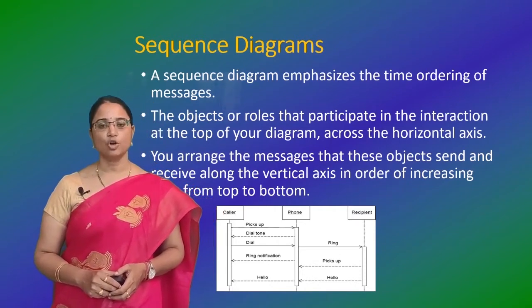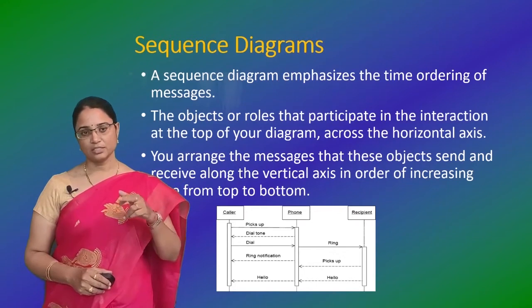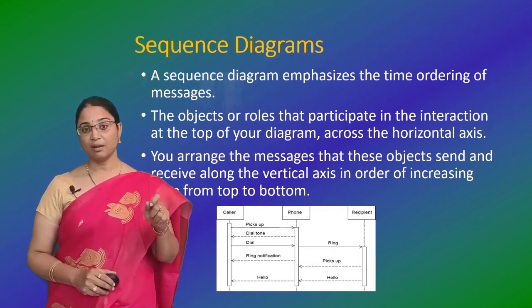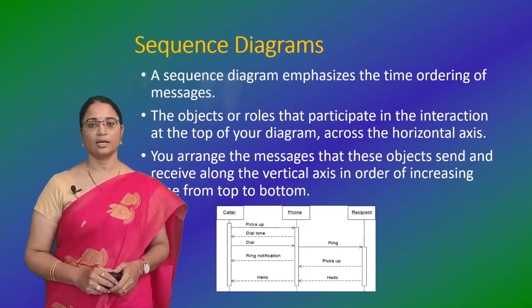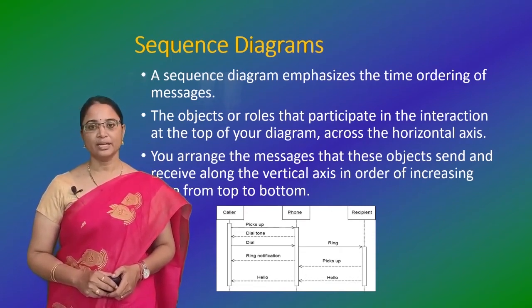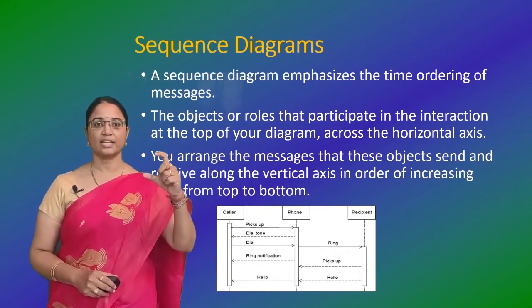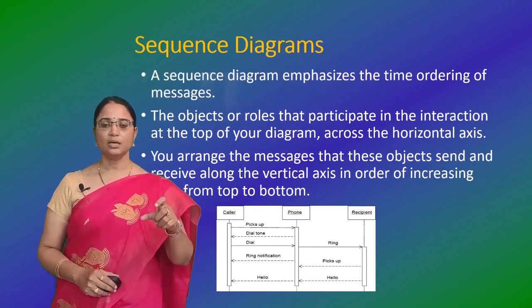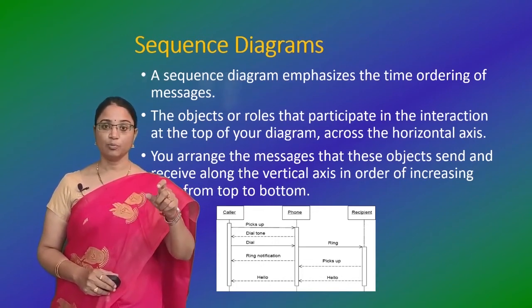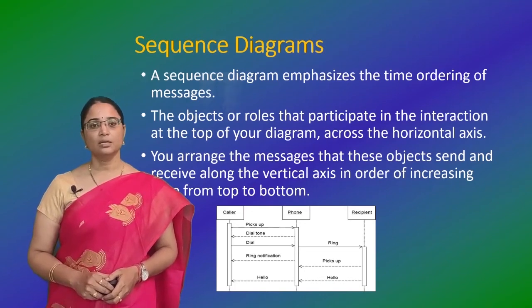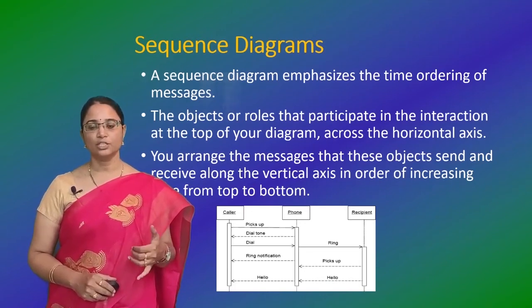The sequence diagram always shows the objects on the x-axis, and on the y-axis we have the timeline. In the timeline, we have one thin rectangle, which is nothing but the focus of control. The focus of control indicates how much time the object is active. If you see the recipient, during the pickup and dial tone, it is not active.